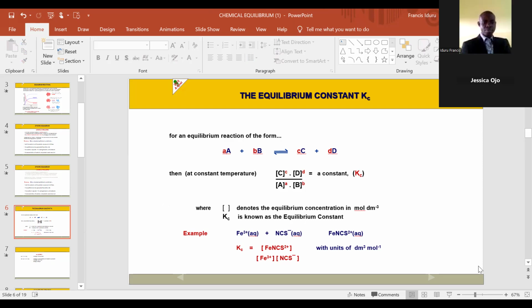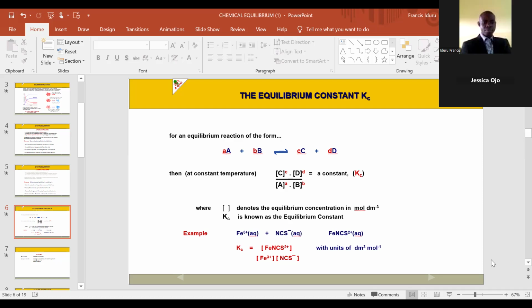And of course, in your AS syllabus, you'll be asked to write the equilibrium constant formula. It can be tested on the formula. So by the time the small a and b have been changed with real numbers, just put those numbers there. You'll also be asked to calculate the unit of the equilibrium constant from the formula.